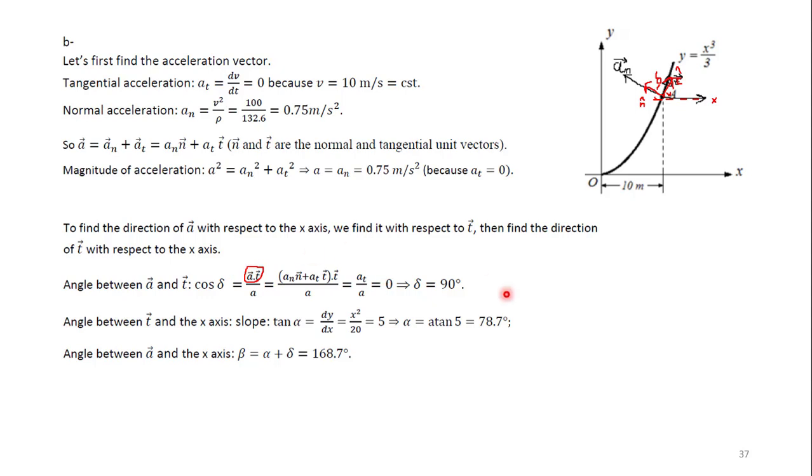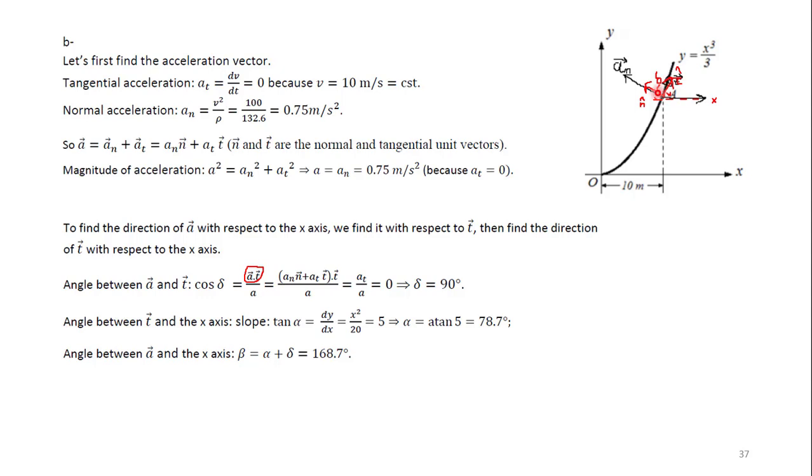We can also use another method. It's to find the scalar product between an and tau. Simply an and tau, the scalar product is 0 because n, the normal vector, is perpendicular to tau. Therefore, the cosine between an and tau will be 0.